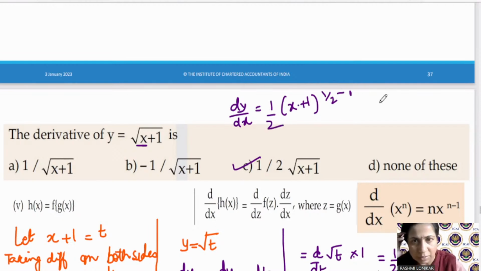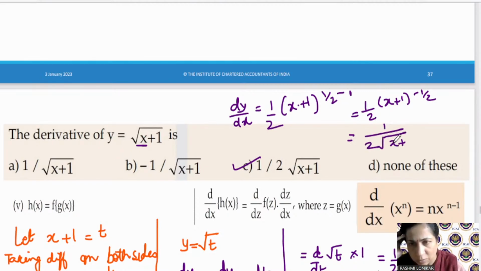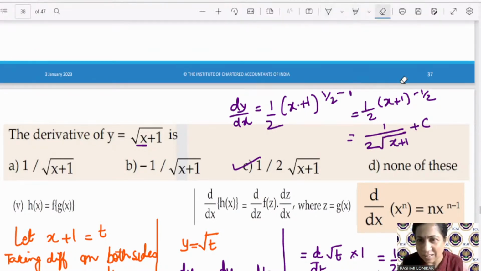N is 1 by 2, which is equal to 1 by 2 x plus 1 raised to minus half, which is equal to how much? 1 upon 2 square root of x plus 1. Not plus c. We are doing derivatives.